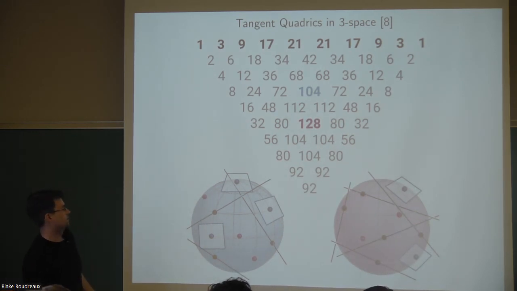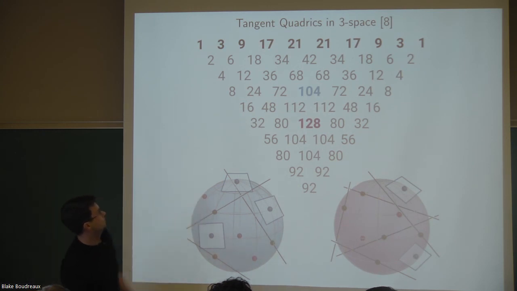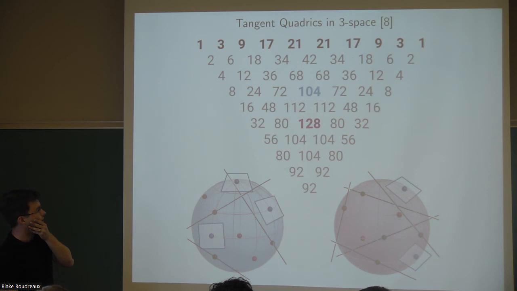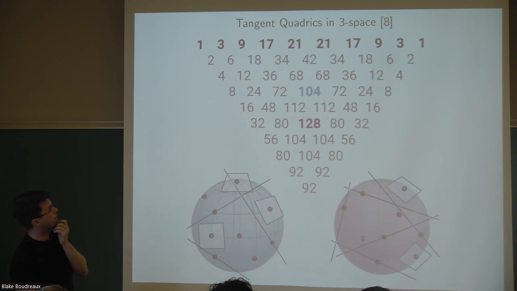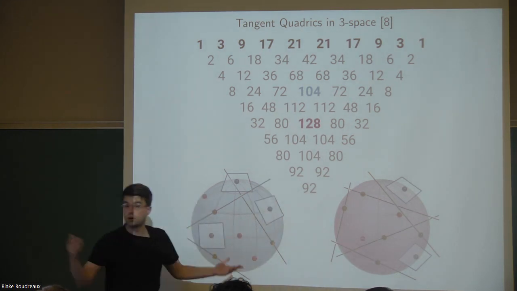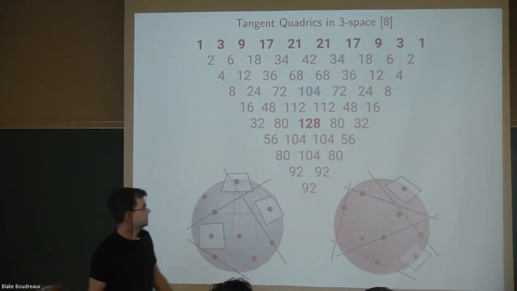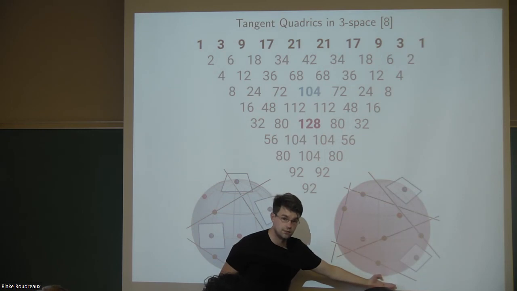2 years ago, myself and 2 others, we tried to find as many real solutions as possible to 55 different problems up to symmetry. These numbers are the degrees of each of those problems. So the 128 corresponds to some problem with 128 solutions. In fact, it corresponds to this problem.